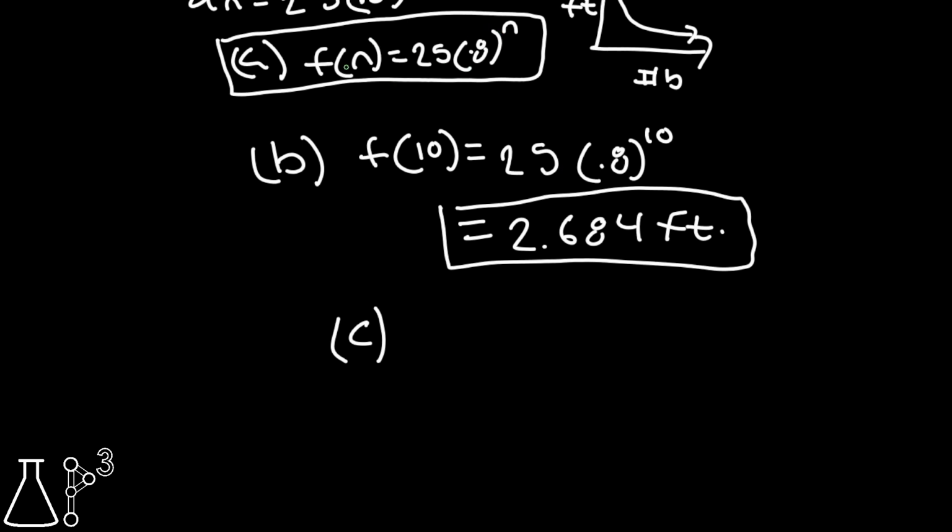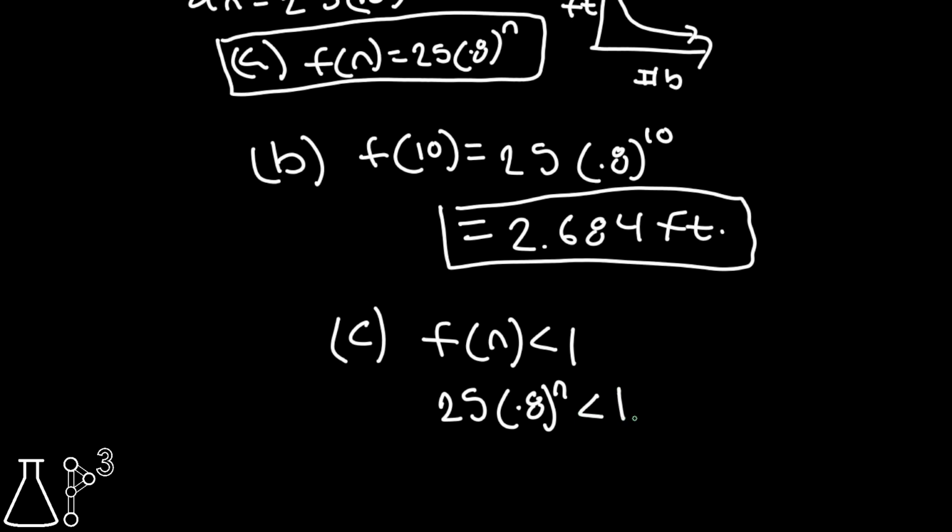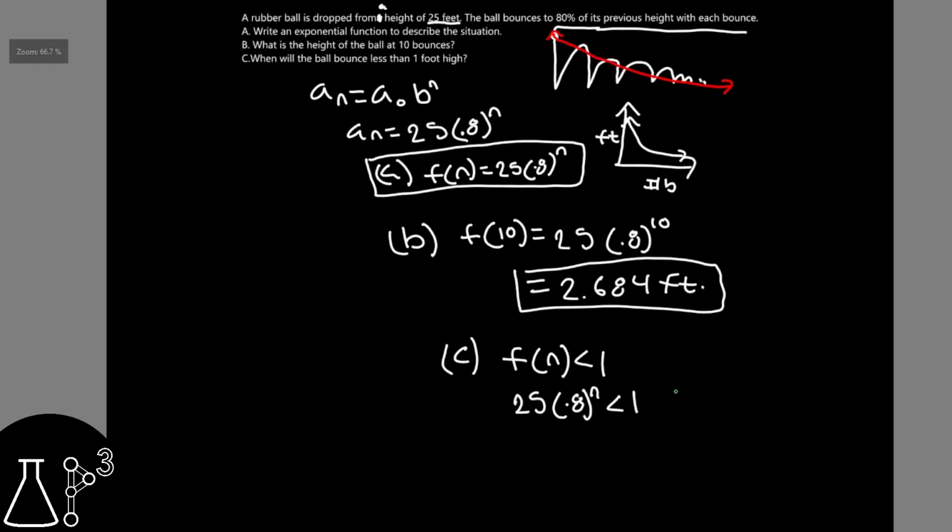We're going to say f of n is less than 1, because f of n is going to be the height, right? And we want that to be less than 1. F of n is obviously just our function. So 25 times 0.8 to the n is less than 1, right?